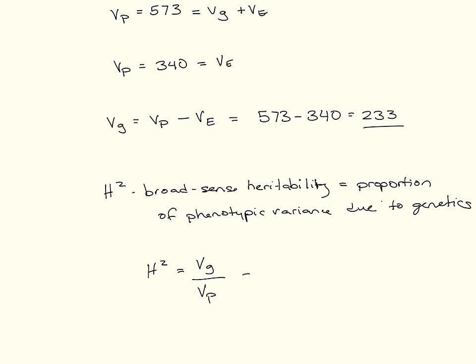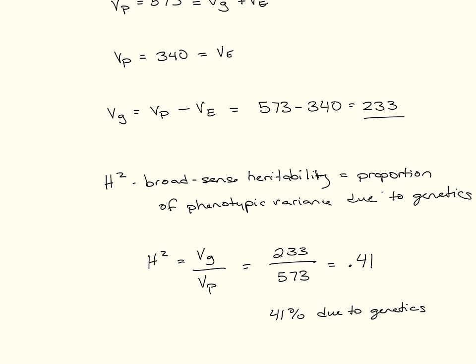So in this case, our genetic variance was 233. The total variance, the phenotypic variance, was 573, which is calculated to 0.41. And what that means is that 41% of the variance that was observed in white spotting was due to genetics. And then the rest of it, the 59%, is due to various environmental influences.